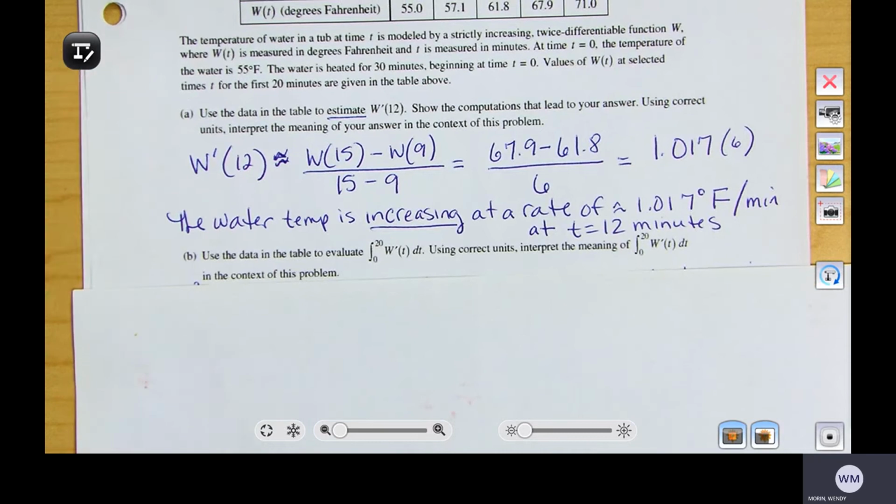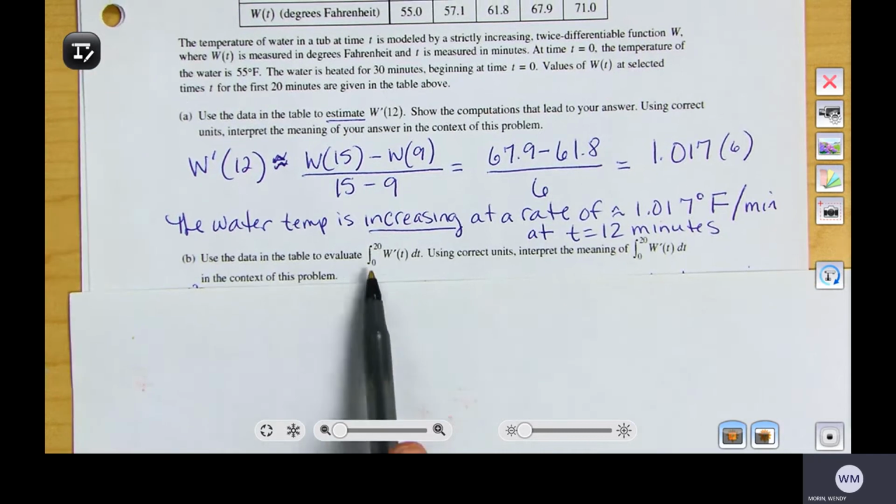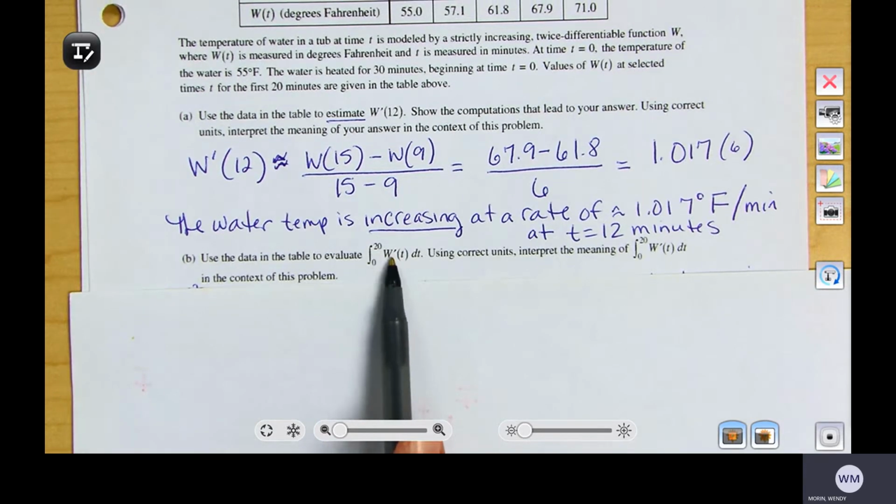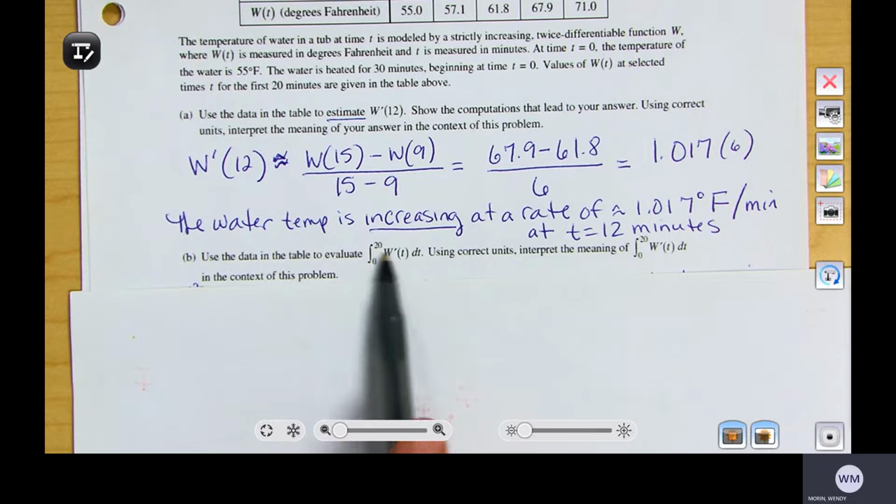Now, this one, we're going to integrate W prime. When you integrate W prime, you get change in W. This comes from the second part of the fundamental theorem of calculus, which we haven't done a whole bunch of, but we've discussed it.